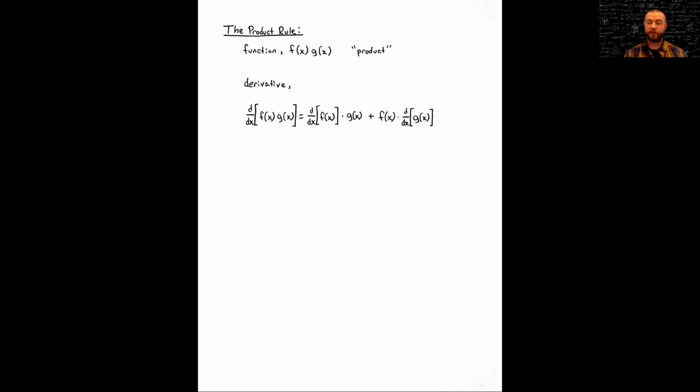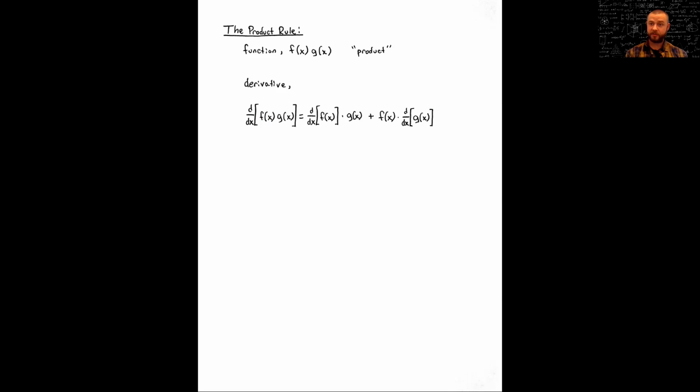Notice on the left, we're differentiating, written in Leibniz notation, f of x times g of x. The way the product rule works is we basically differentiate one factor at a time and then multiply by the other function.